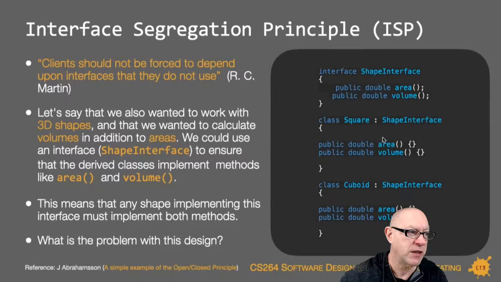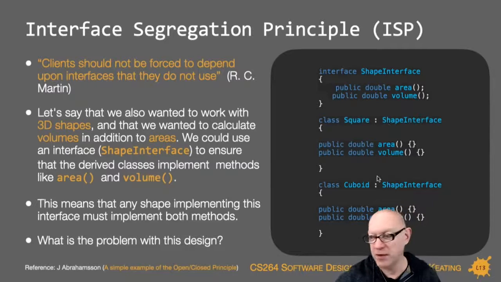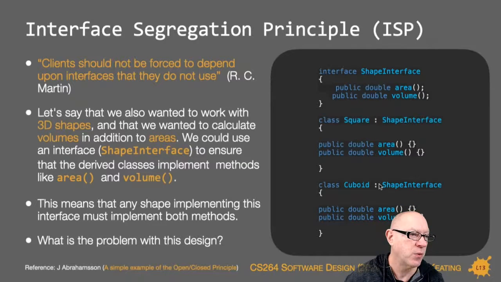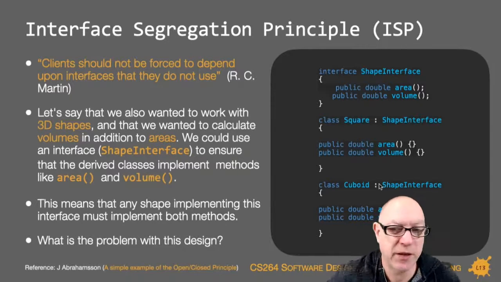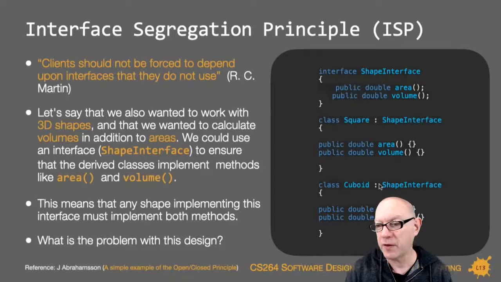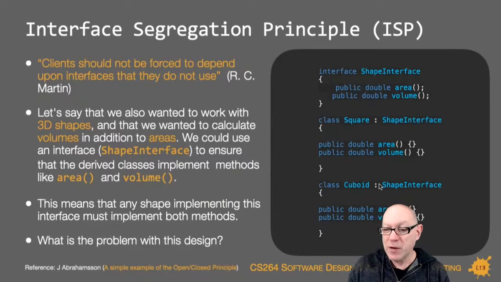For example, we know that a square is 2D and it doesn't have a volume, because it's infinitely thin. And then you might have a cuboid that will have a volume, and of course it has an area, because you combine all the surface areas for all the various faces of the cuboid.